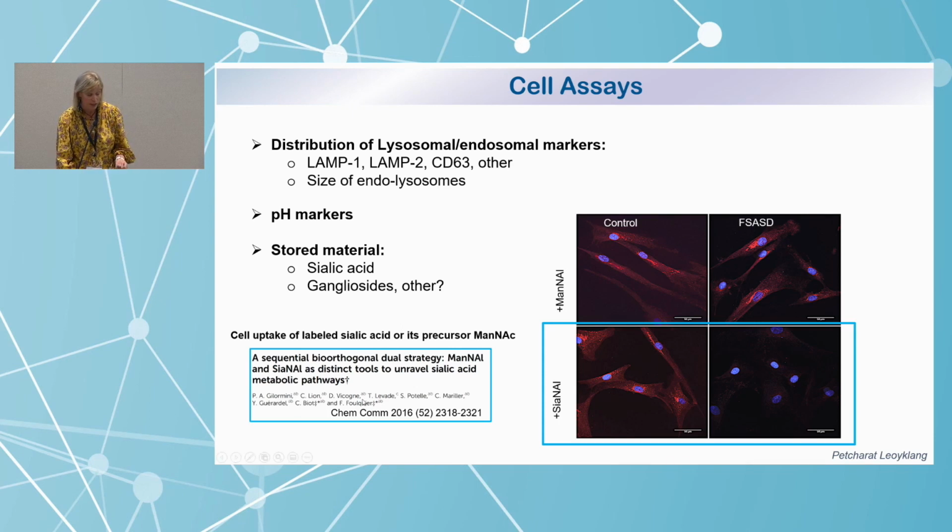In control cells, these labeled sialic acids get incorporated in glycans in the cells, but in FSASD cells, this labeled free sialic acid cannot exit the lysosomes because of the defective transporter and does not get incorporated. This is quite relevant this week because we detect this labeled sialic acid with the click chemistry assay. This technology just received the Nobel Prize.